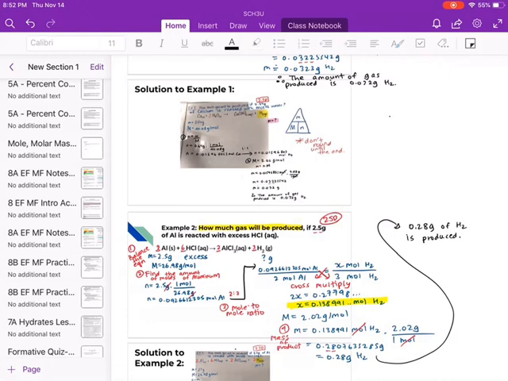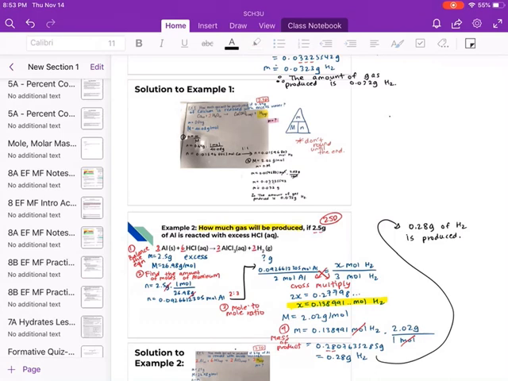And so I had to set up a proportion kind of setup so that within the denominators, I wrote 2 moles of aluminum will get you 3 moles of H2. Well, I don't know how much hydrogen gas will be produced for 0.09266 moles of aluminum. So we set it up that way, and that way we did cross multiplication and we got x by itself just by doing simple rearranging.